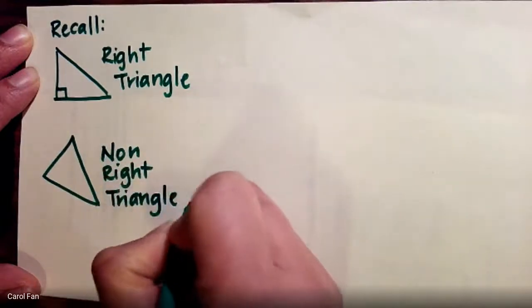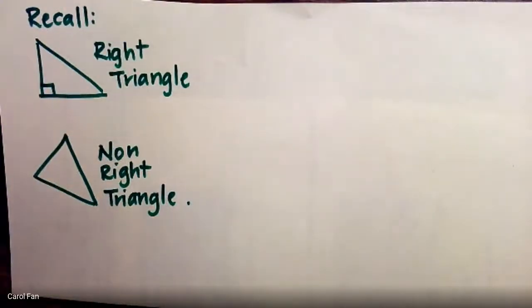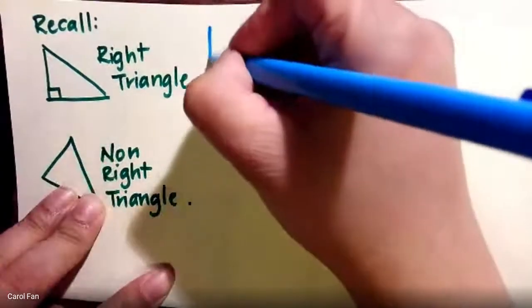Now, the reason we distinguish between these two is because we use very different equations to deal with right angled triangles versus other ones.